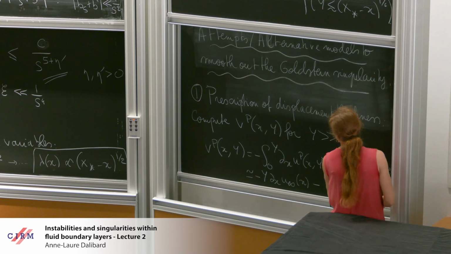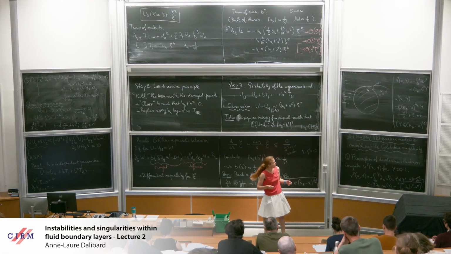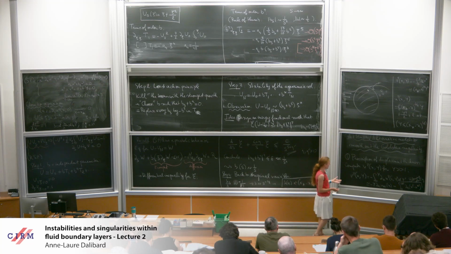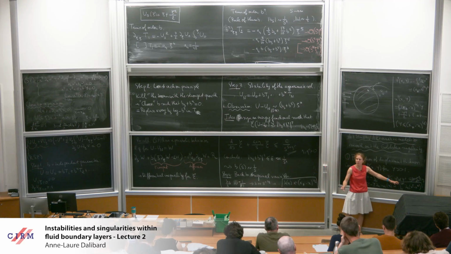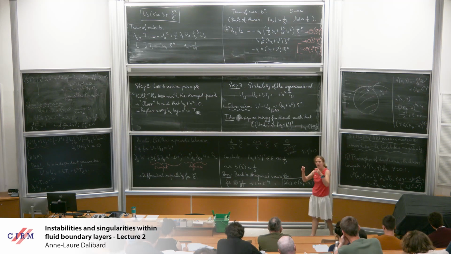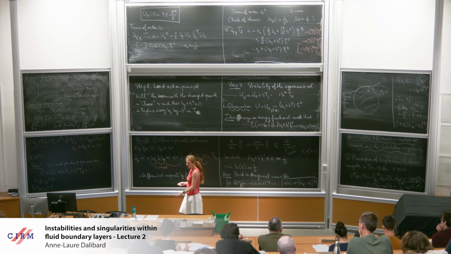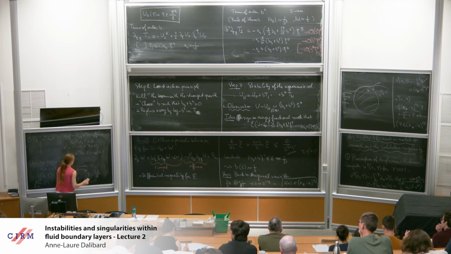If the problem in the Goldstein singularity is the fact that you have a very large VP close to the singularity, then to smooth out this singularity it makes sense to prescribe what the VP should be, or to prescribe this blowing velocity, and hopefully this will smooth out the singularity. This was performed numerically by Catherall and Mangler in the 60s.